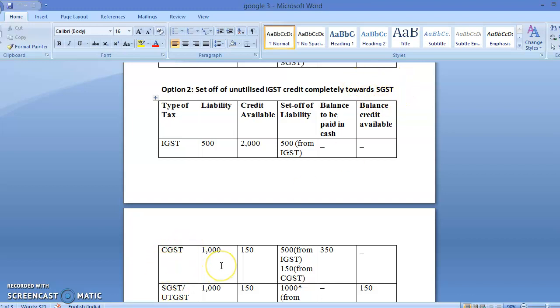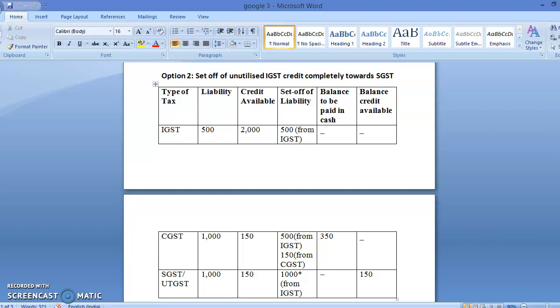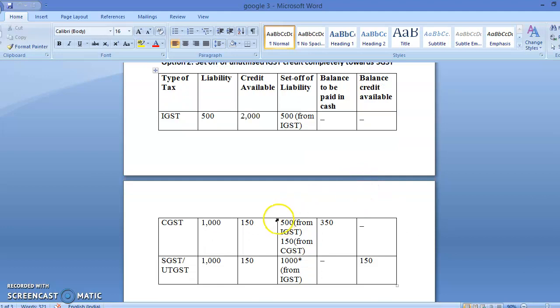CGST liability is 1000, credit available is 150. We will first complete SGST only, CGST later we will see.